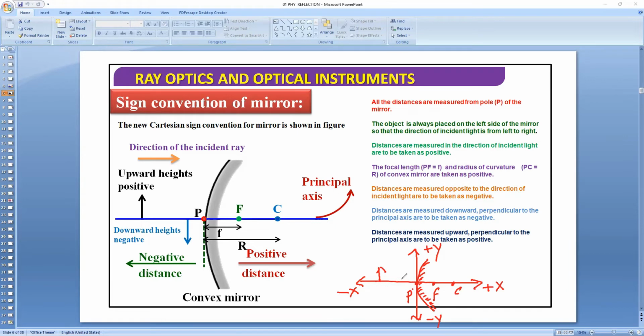Distances measured downwards, perpendicular to the principal axis, are taken to be negative. Here this downward distance of the image, the inverted image, the downward height, we have to consider negative. Distances measured upwards, perpendicular to the principal axis, are taken as positive. This is positive.